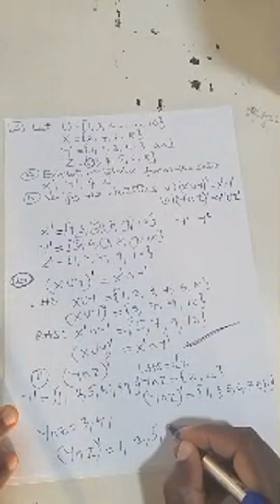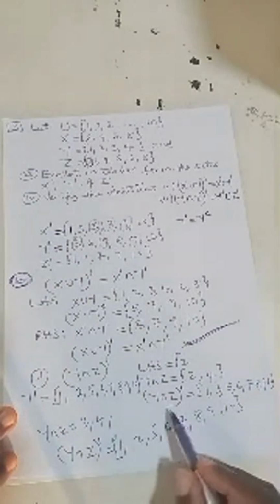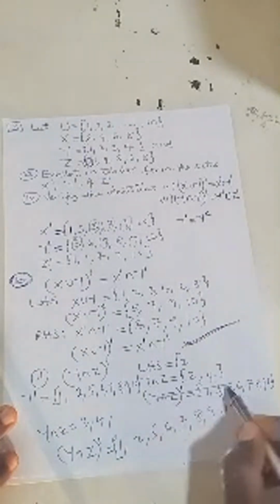So then we can get Y intersect Z complements. Remove 3 and 4 from the universal set. That will be 1, 2, 5, 6, 7, 8, 9, 10. So that is correct. Sorry for the first one I did. That is correct. This one is wrong.